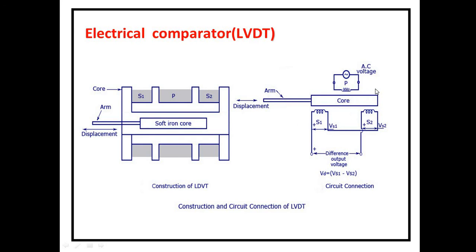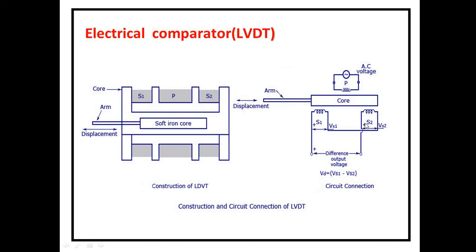The inner coil, that is the primary coil, is connected to an alternating current, that is an AC supply, whereas the 2 outer coils, S1 and S2, the secondary coil windings, are identical.